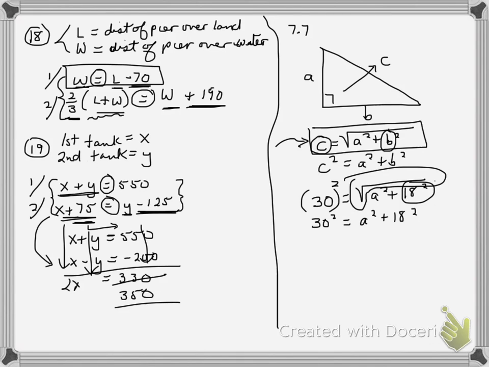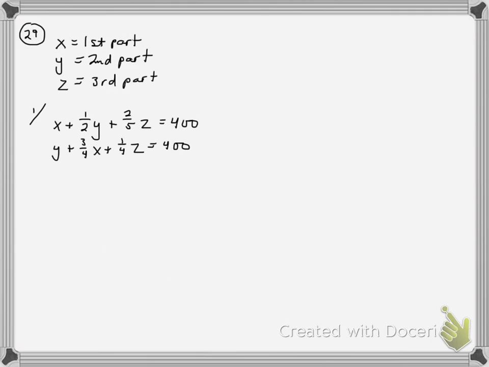29. Now it says we're going to separate a number into 3 parts, so I'm going to expect 3 equations. Okay, right before I left you, I said I think 3 equations. What I really meant was 3 variables. So go ahead and identify your variables, write their little definitions there, and then now let's read the information. We're going to separate 800 into 3 parts.